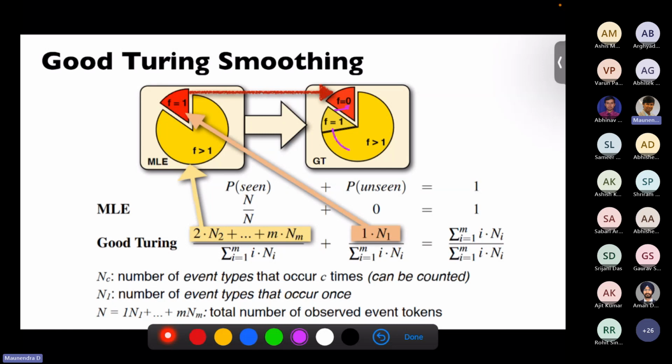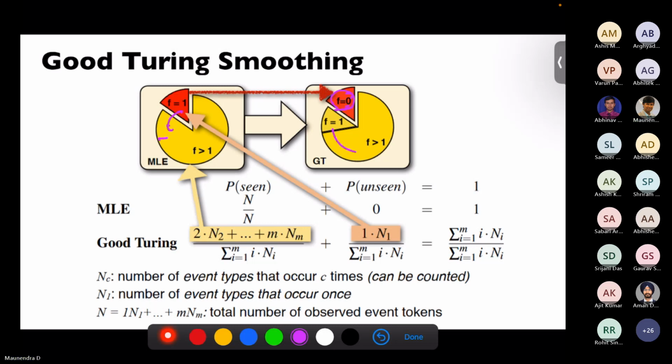So essentially all probabilities get modified. There are some n-grams for which frequency is equal to 1. So that entire frequency mass will transfer to the ones which have 0 frequency, and whatever is remaining will be redistributed among the existing non-zero frequency n-grams. So they will come, and the remaining also will be redistributed.